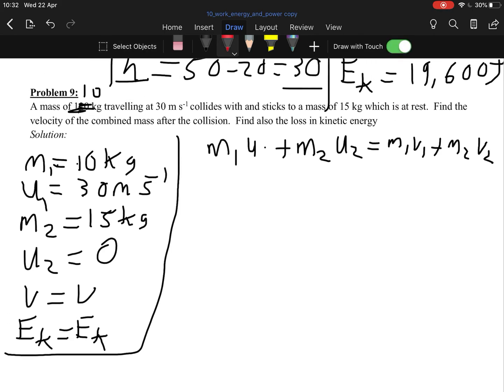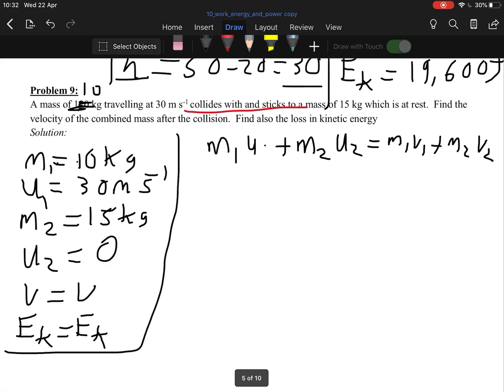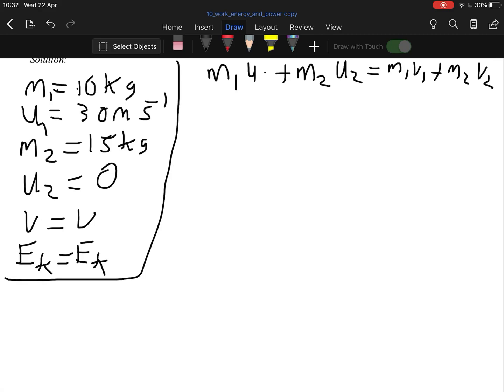Okay? Now, we're told that they stick together. So, collides with and sticks to. If they stick together, what does that mean? Well, it means their velocities are the same. Because they stuck together, they have the exact same velocity.